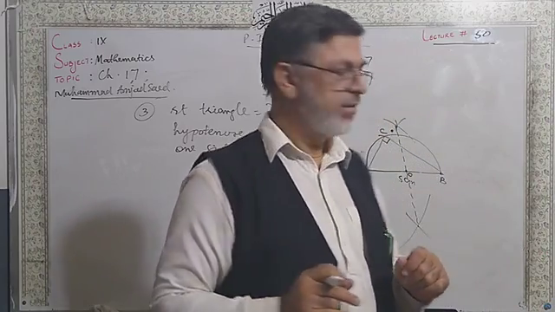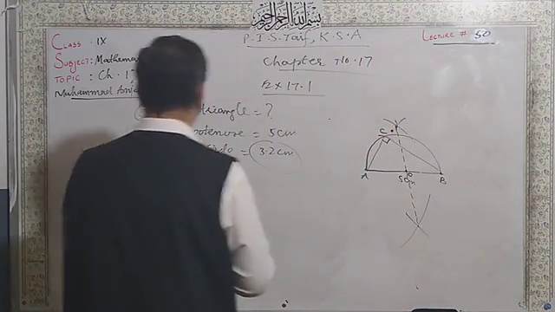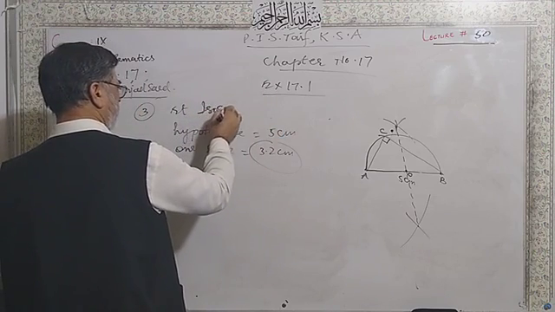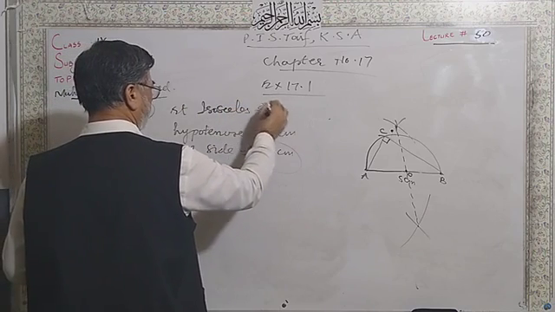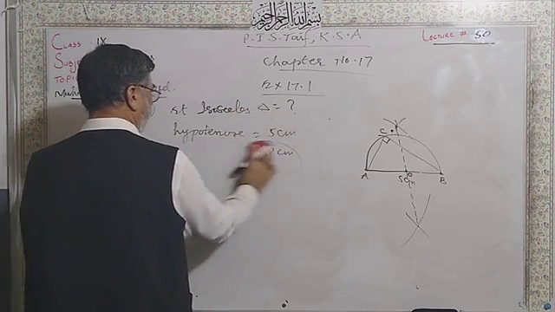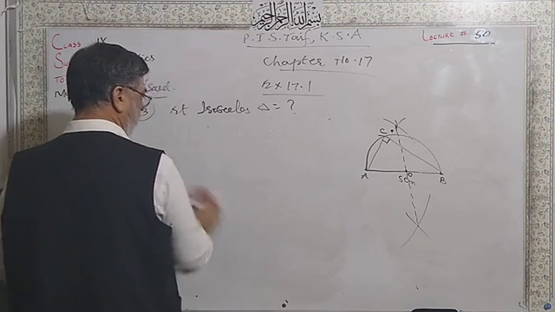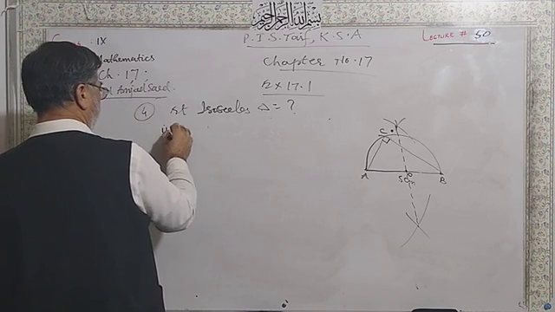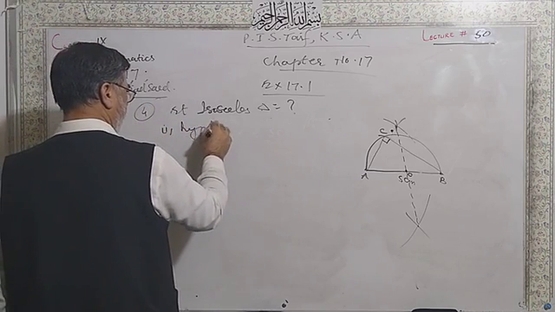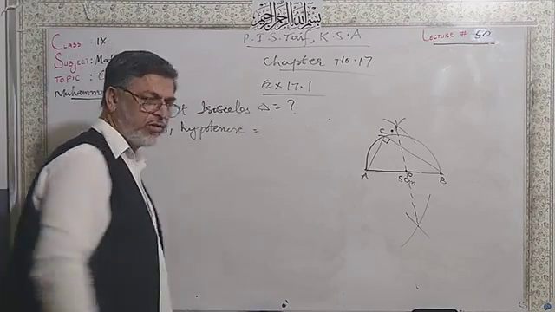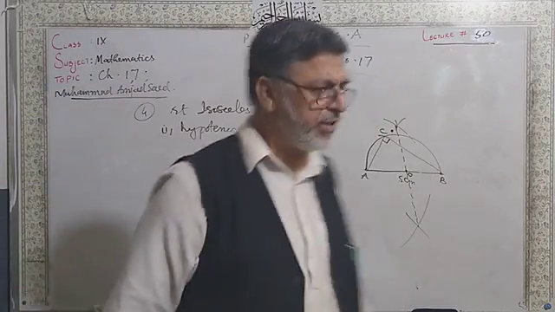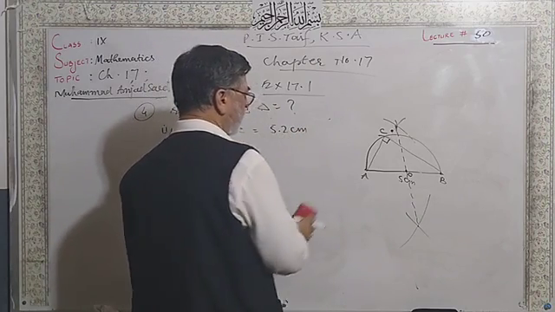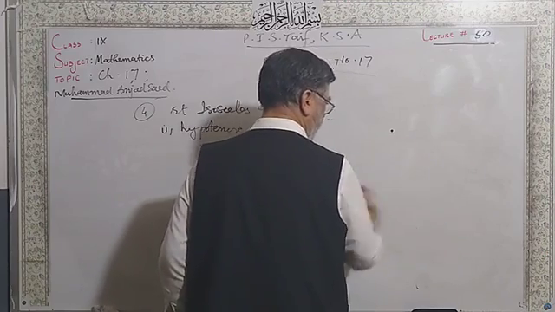And remember, in question number 4, you have to draw a right isosceles triangle whose hypotenuse is, in part 1, equal to 5.2 centimeter. Dear students, very easy.